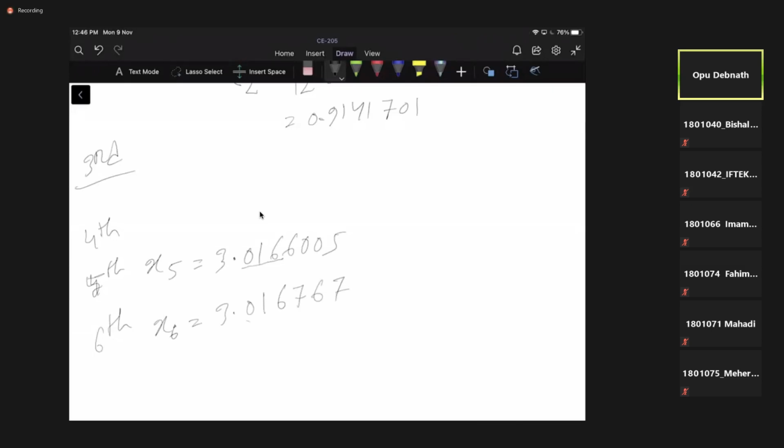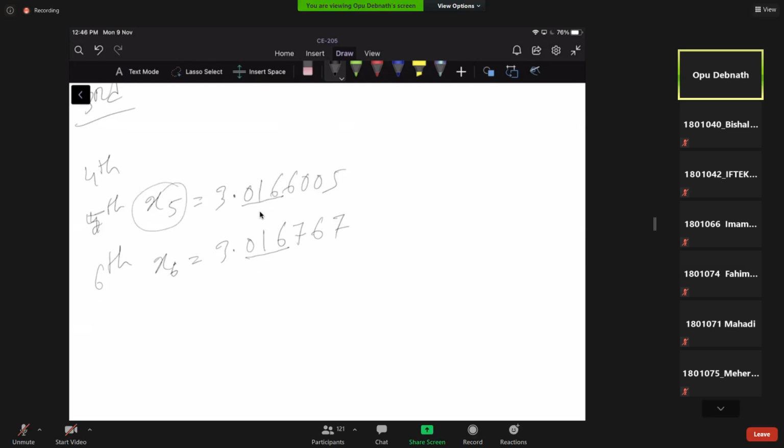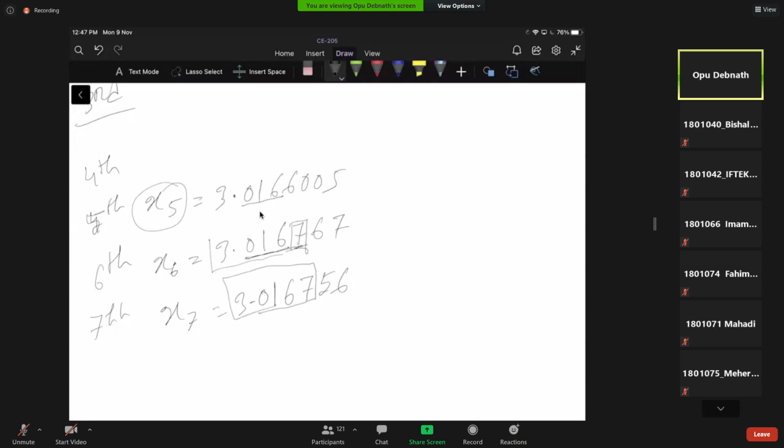So the digits 3.016 are already fixed and constant. In the upcoming steps you will find, I am showing only the one case for x, and the similar other cases will also be the same. So you can predict that the upcoming 7th or 8th steps will fix the fourth decimal place. Like at the 7th stage, x7 will come 3.016756. Okay, so for 2 successive steps up to the 4th place this is fixed, so you can stop.